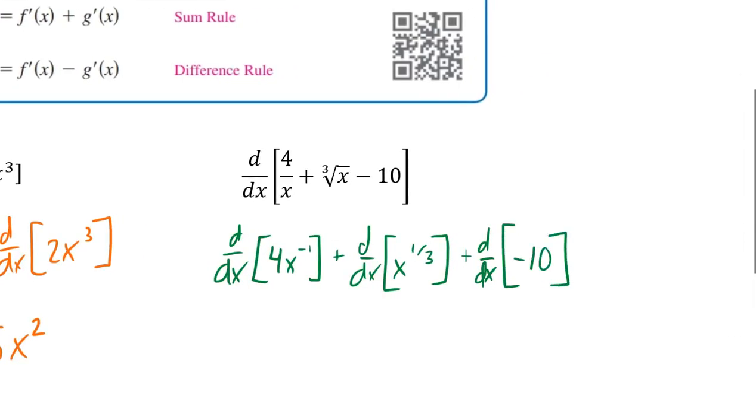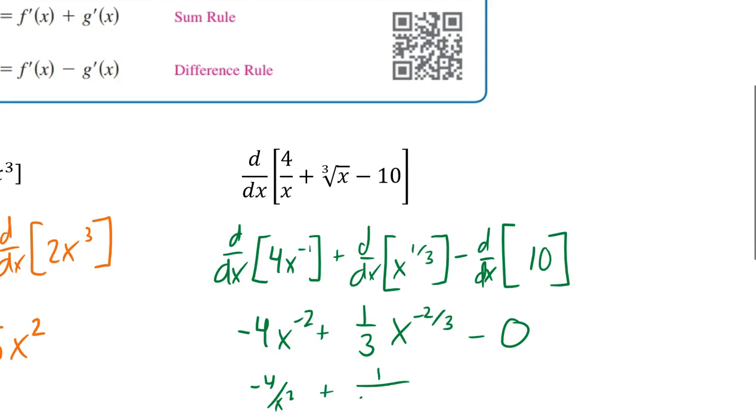Or I could think about it as minus derivative of 10. Makes negative 4x to the negative 2 plus 1/3 x to the negative 2/3 minus 0. Derivative of constant is going to be 0. And I could write that in maybe a more simplified way. I don't know if that's really more simplified.